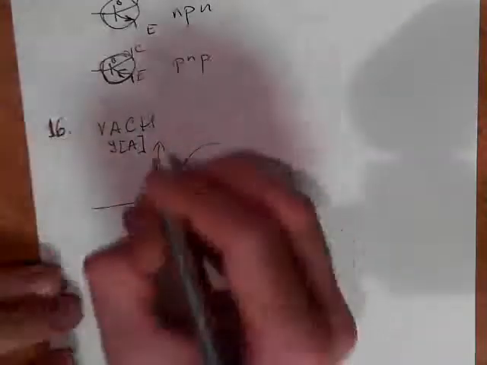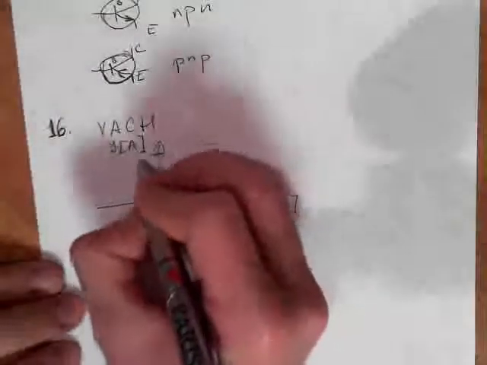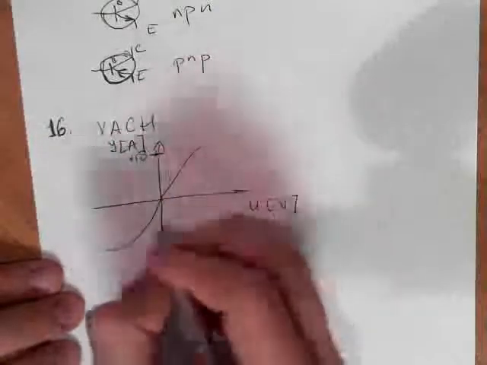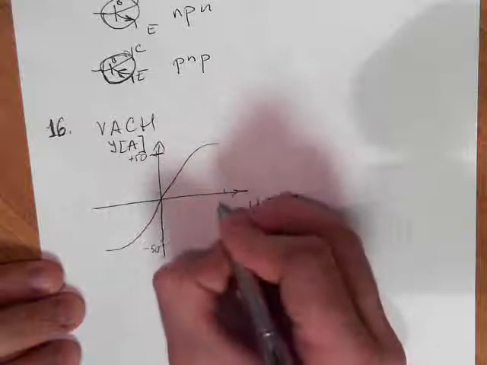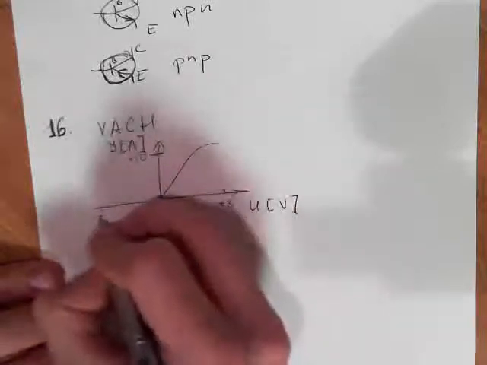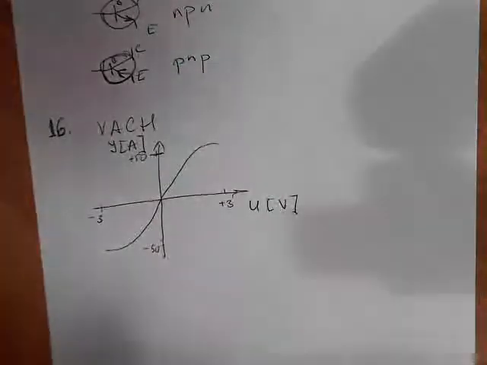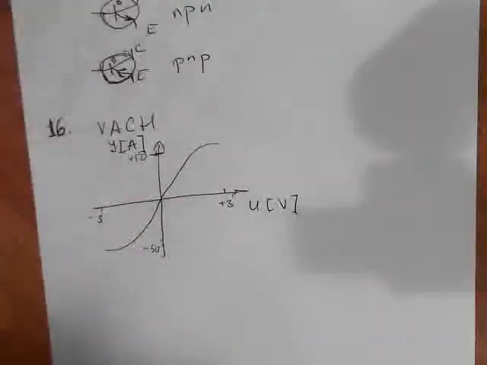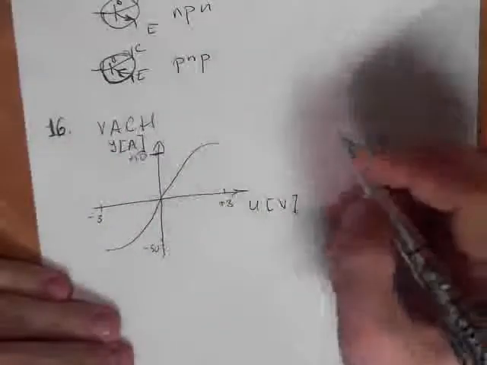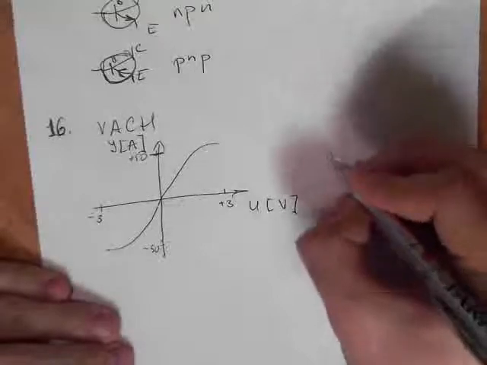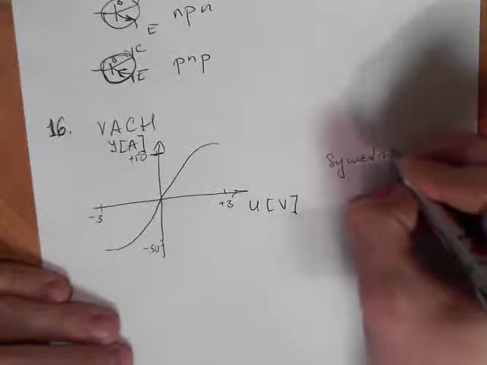This was plus 50, this was minus 50, this was plus 3, this was minus 3. And what was that volt ampere characteristic of the light bulb? It is a symmetric curve.